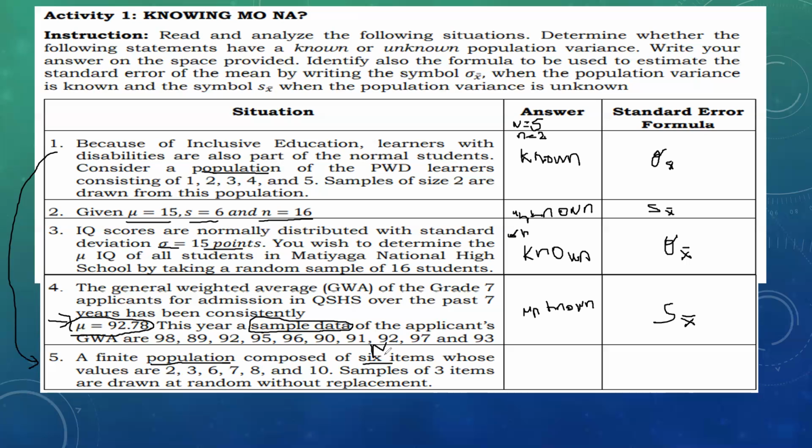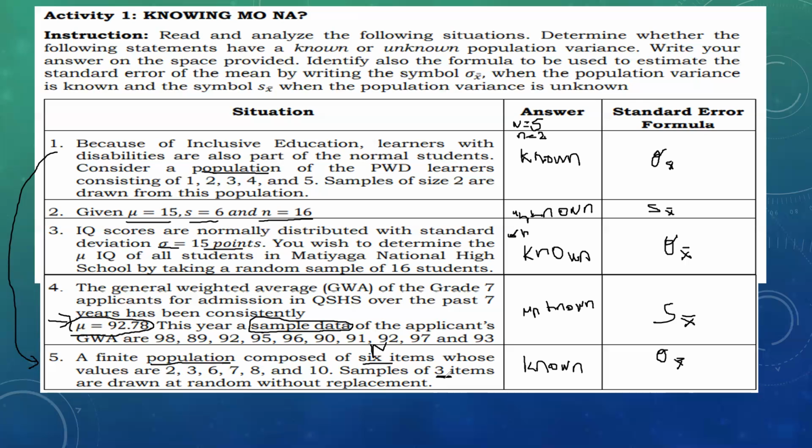So kaya natin mahanap ngayon ang variance katulad ng ginawa natin. So this will be known, and given that this is known, this will be Q of X bar. So tandaan, ano itong 3 na ito? This is the number of samples.